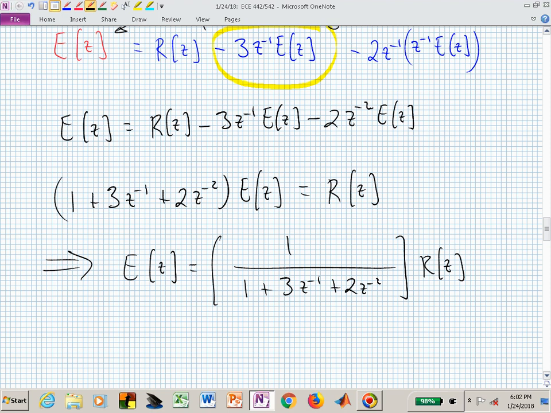It's the transfer function between the reference input r and this other signal that we labeled E, which you might consider maybe an error signal.